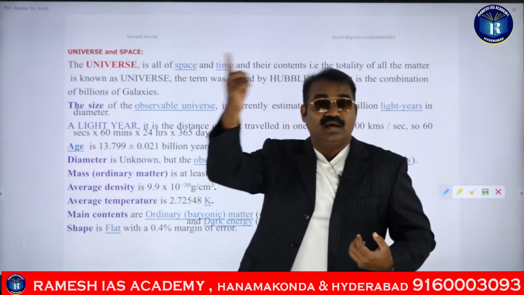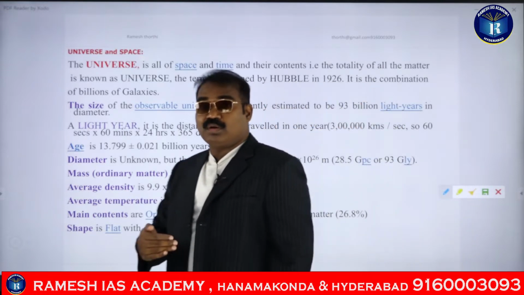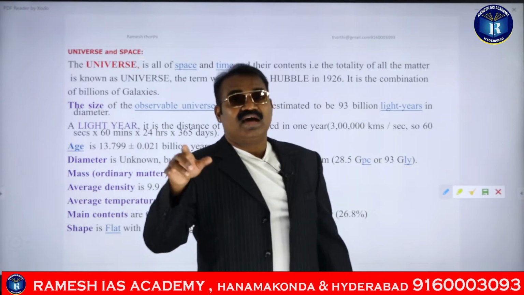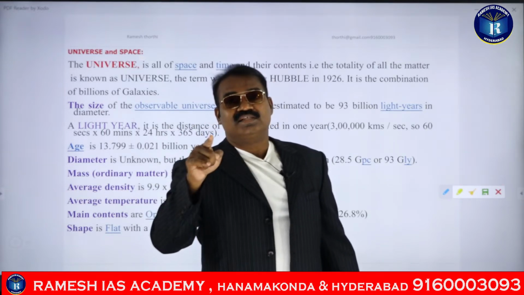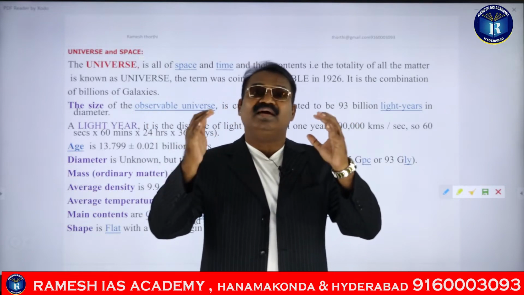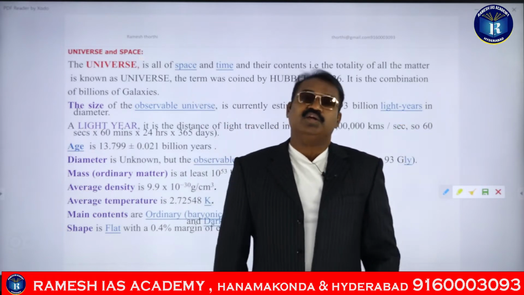Our ancestors also told about the Andapinda Brahmanda, which means there are several smaller eggs which are part of bigger eggs, and the combination of several bigger eggs forms the universe.